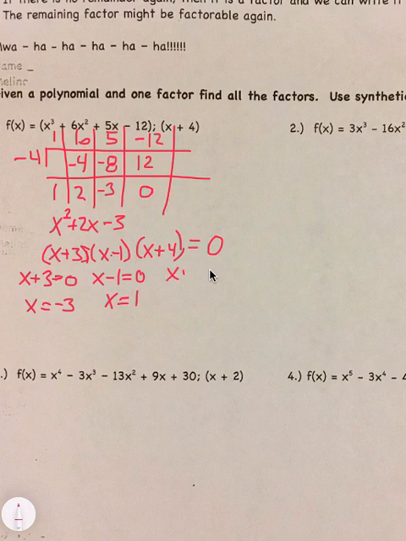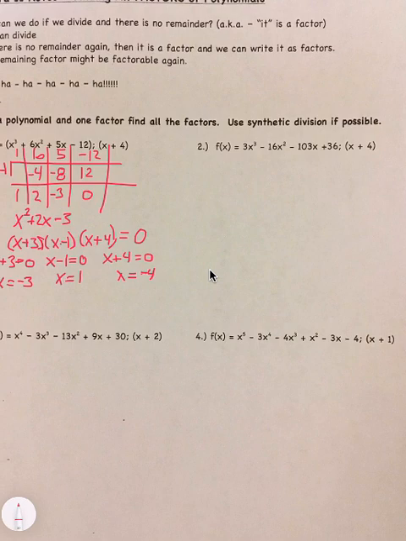And when x plus 4 equals 0, we get x equals negative 4. So basically, we're using things we've done before, synthetic division and factoring, and solving to find all the zeros of the equation.